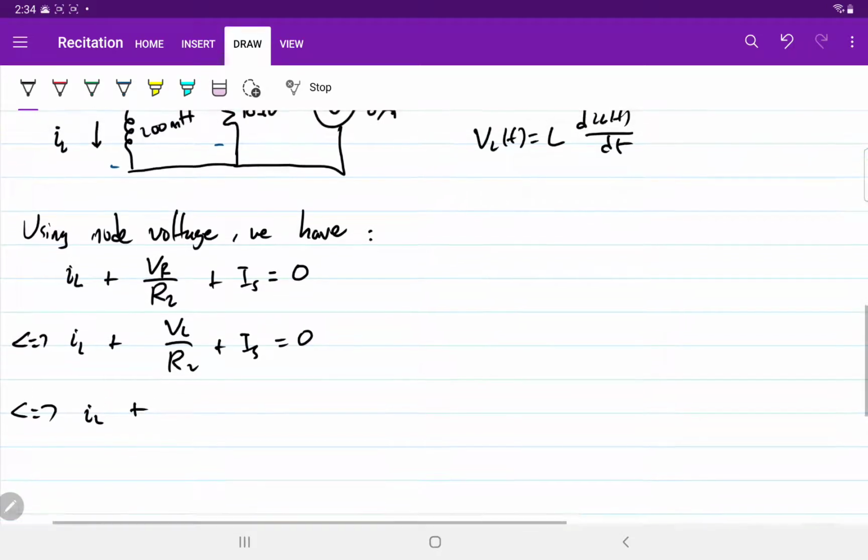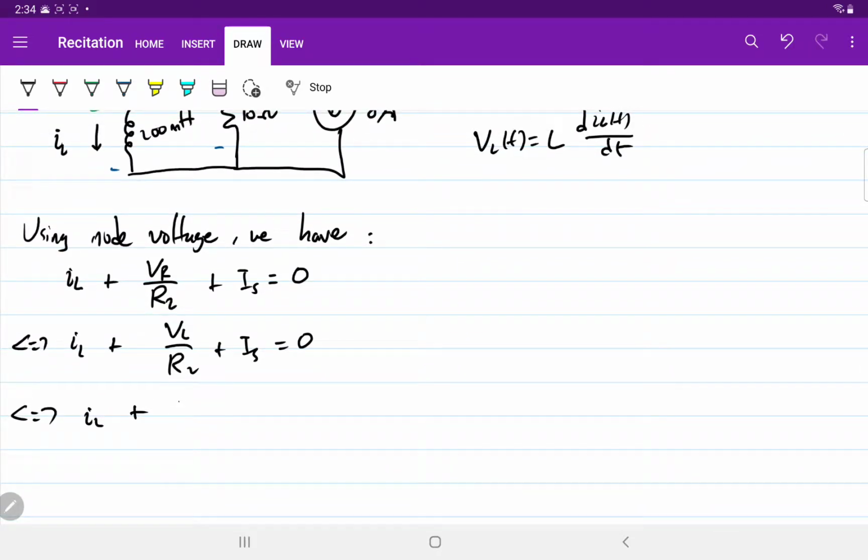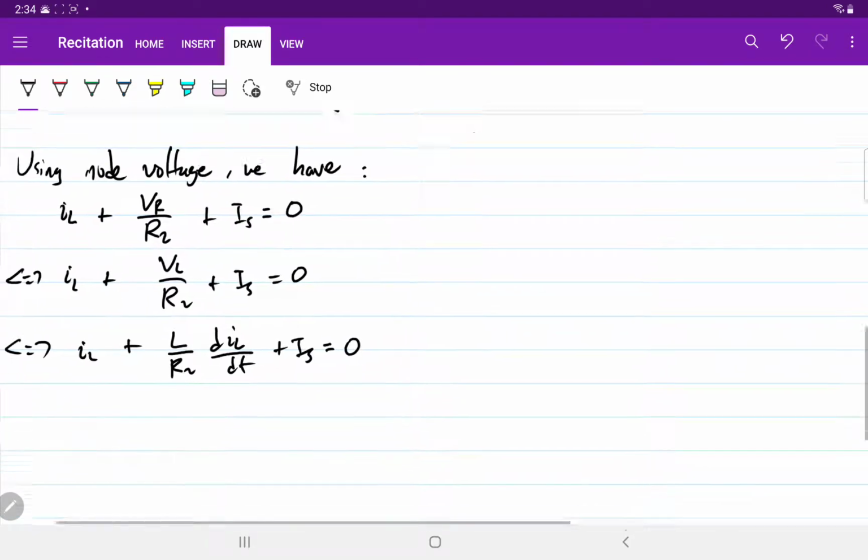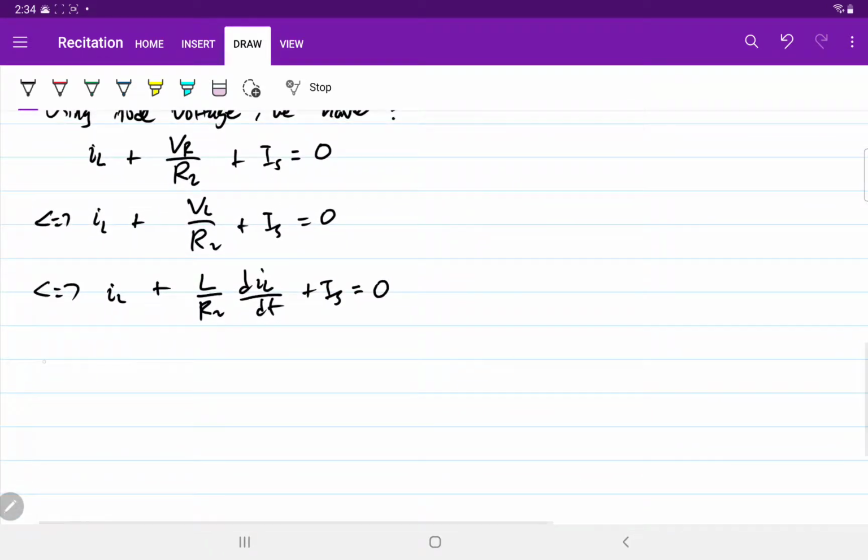IL plus L over R2 dIL over dt, plus IS must be equal to 0.